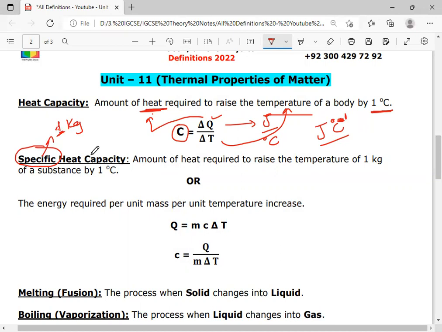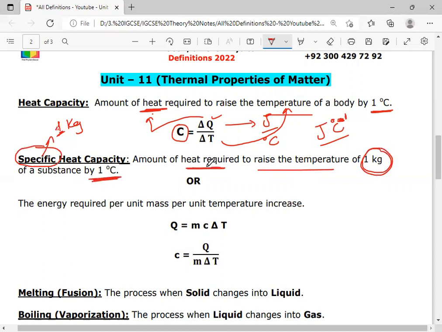So this is the basic difference between the definition of heat capacity and specific heat capacity. In heat capacity we have not mentioned the mass of the body, but in the definition of specific heat capacity, we have to mention the mass: the amount of heat required to raise the temperature of 1 kg of a substance by 1 degree Celsius.